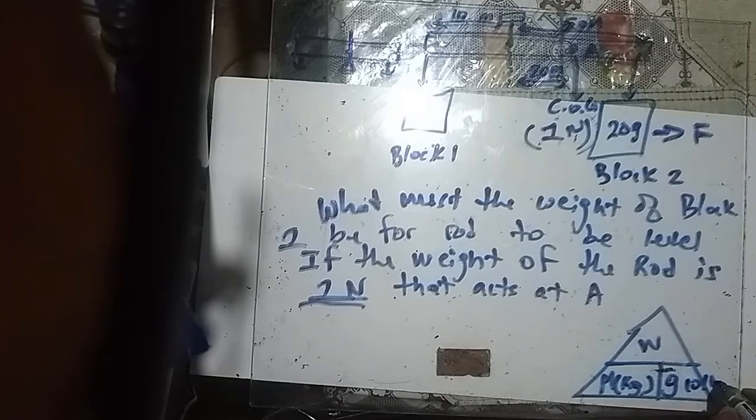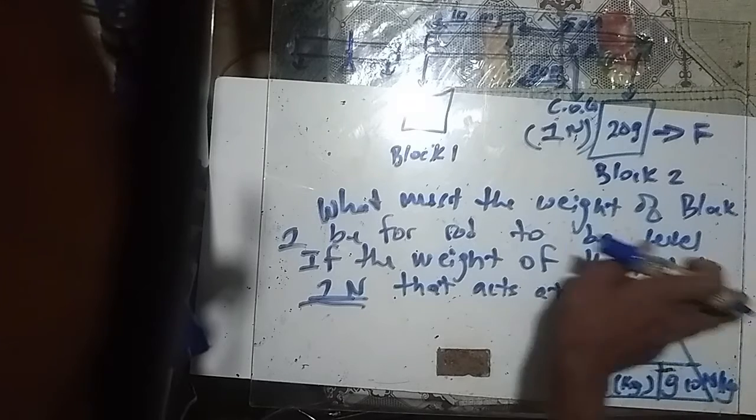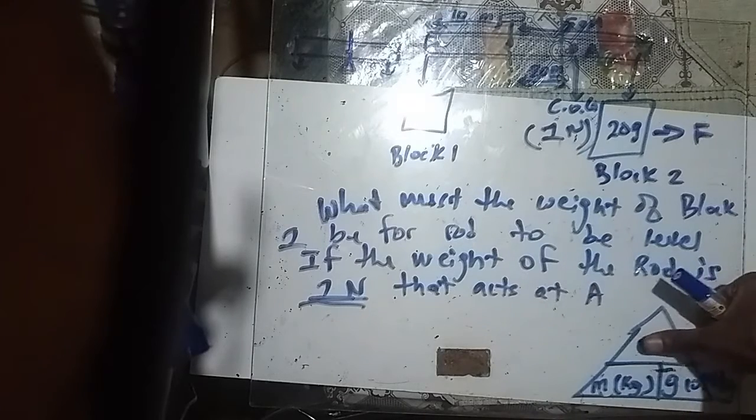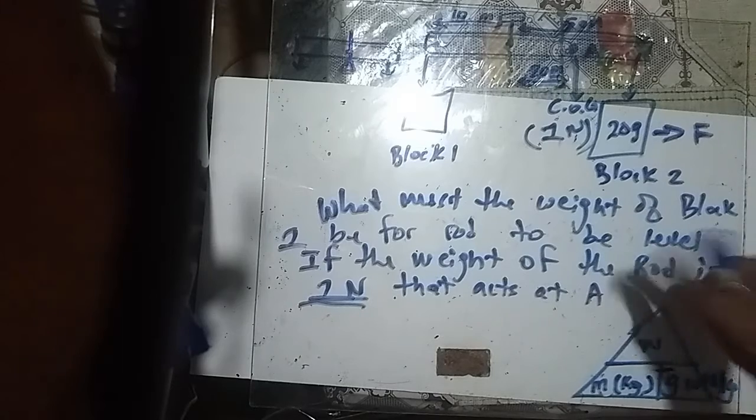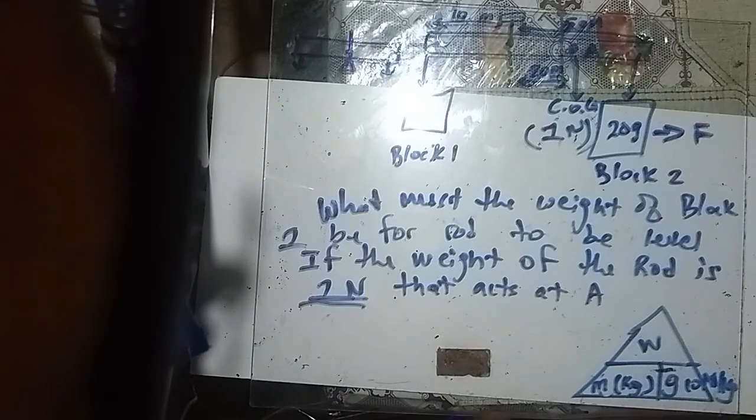So if we have this triangle right here, we can determine, if we should cover weight, we should see that weight would have been equal to mass multiplied by gravity.